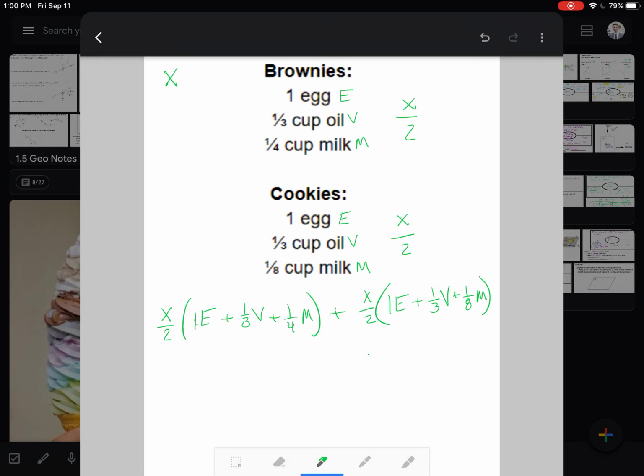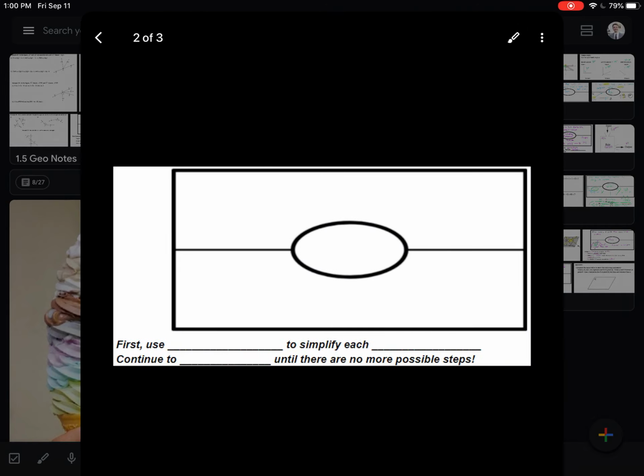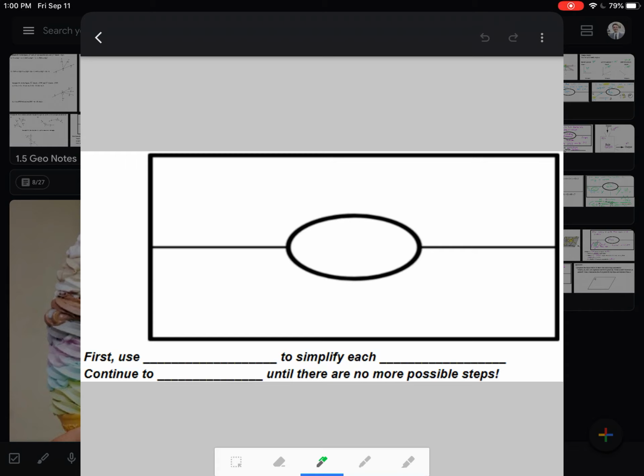All right, so let's go to our definition first. And today we are talking about simplifying expressions.